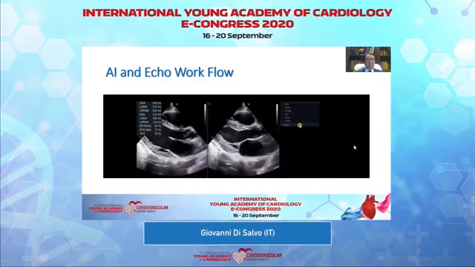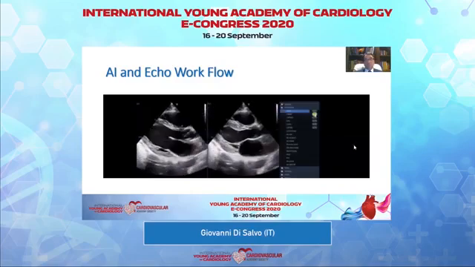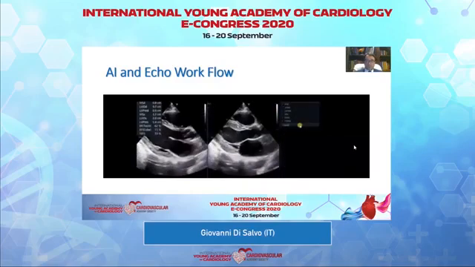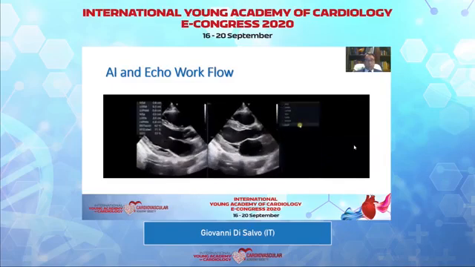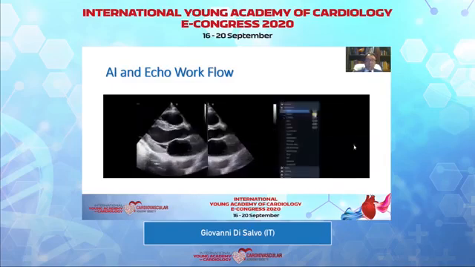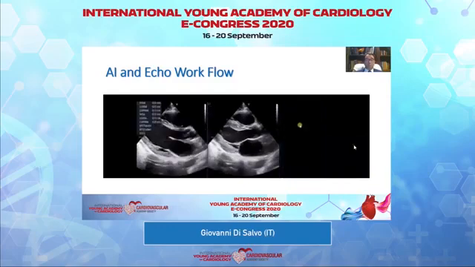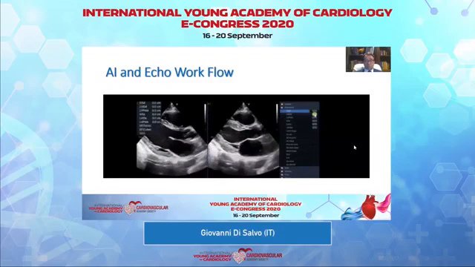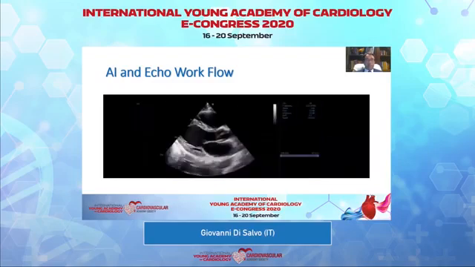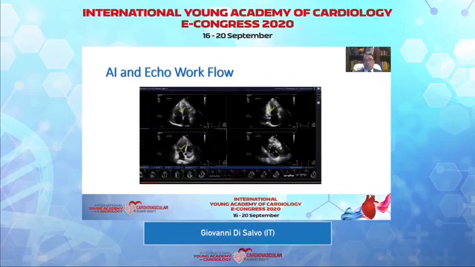In this way, the quality of our work, the reproducibility of our work is great, and this improves a lot our measurement, especially in the follow-up, because there will be virtually no errors in terms of different measurements, so reproducibility will be 100%. This not only for simple measurements, but also for complex measurement like speckle tracking.